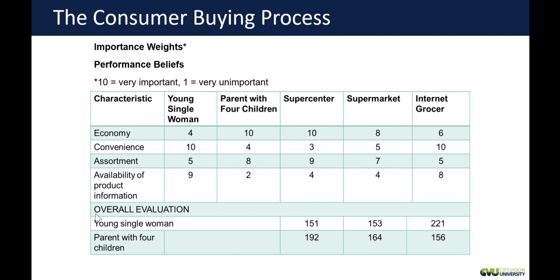But then the availability of product information, that's really important to that person, not as important for the parent with 4. So that's a 9. 9 times 8, that's 72. And then we would add those together. For the young single woman, her choice would be buying things through an internet grocer because that's the highest attributes. So that's how we use this information.